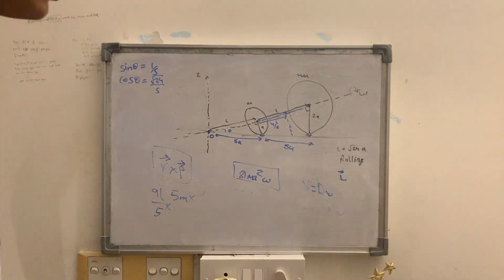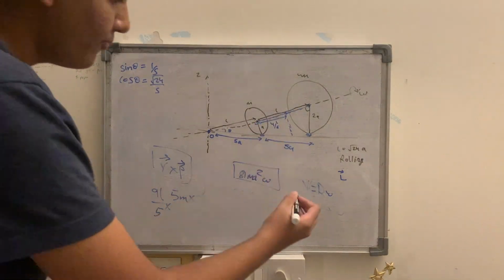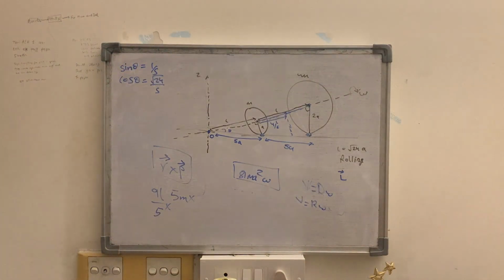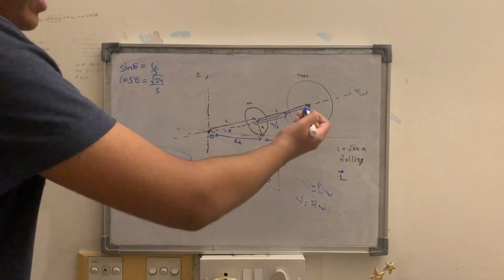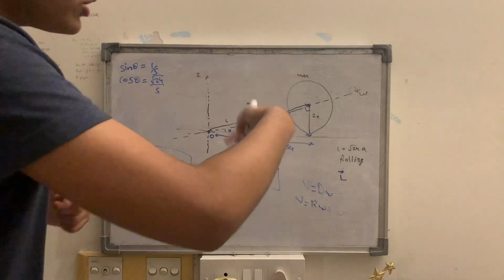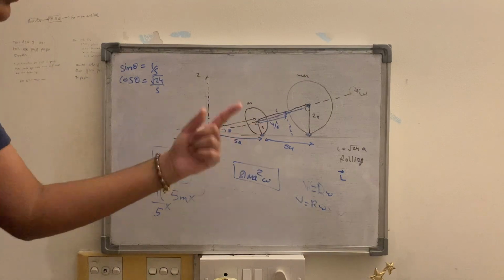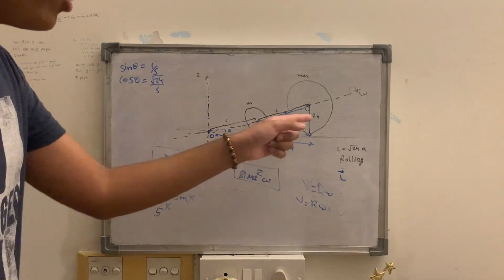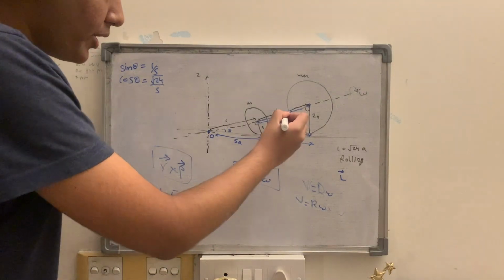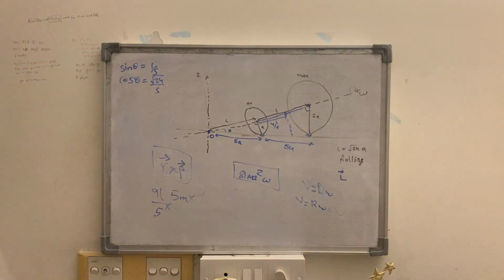Similarly for every point, V is basically r omega, as it is rolling. So over here also V equals r omega, and for this point also V will be equal to r omega.